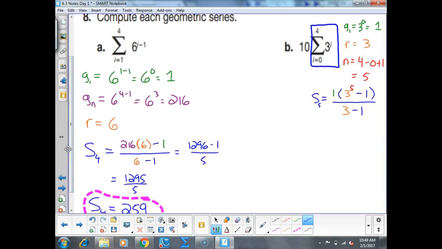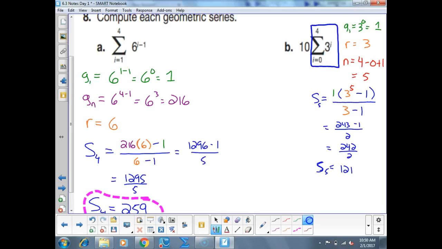So 3 to the 5th is 243 minus 1 all over 2. So that's going to be 242 over 2. So that's going to be 121.